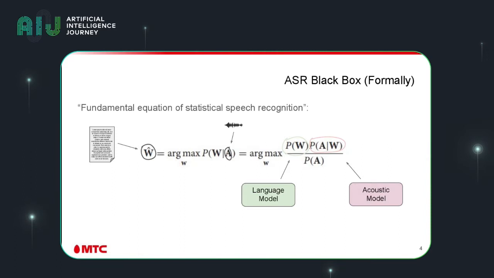We would like to maximize the probability of the text from a vocabulary using our raw signal, and you can see it's A here, and you can see arrows, and we can put it into the equation to the right, and all our components are well seen here.